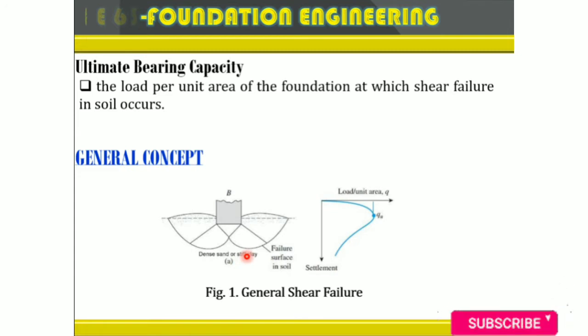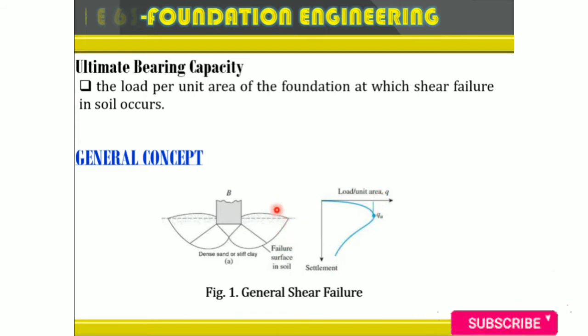Now, if a load is gradually applied to the foundation, settlement will probably increase. The variation of the load per unit area on the foundation, denoted by the variable small q, with the foundation settlement is also shown in this figure.